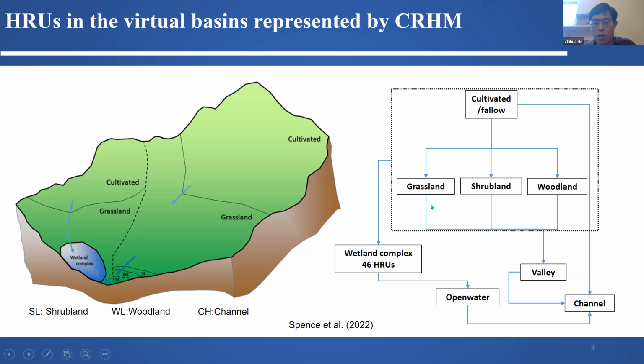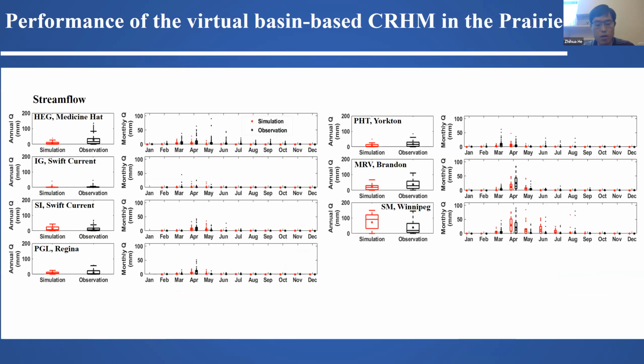This figure also shows the routing order of the different HRUs in the model. And then we are using 46 HRUs to represent the wetland complex in all the classes. And we have some results for the evaluation of the virtual basin-based model in the prairie basins.